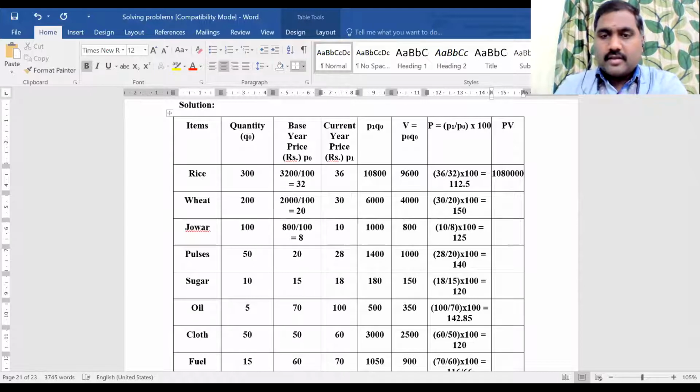Okay. 4,000 into 150. I think 6 lakh. Okay, now 800 into 125.